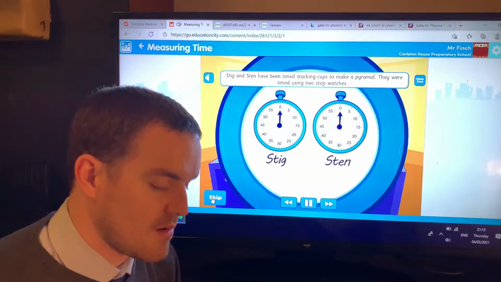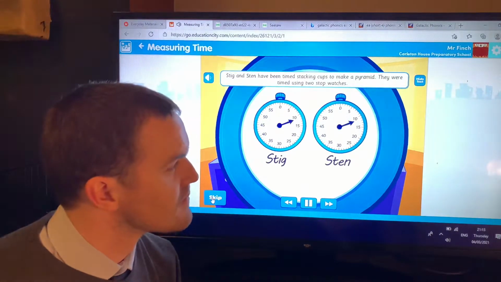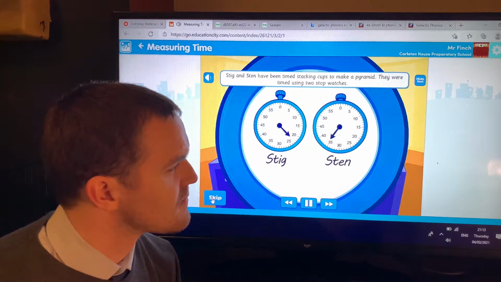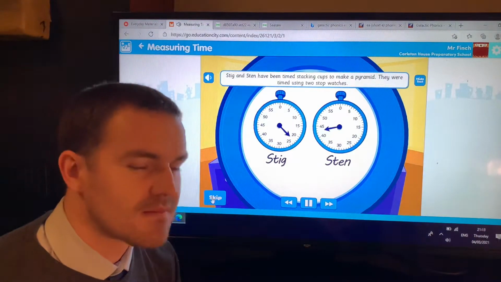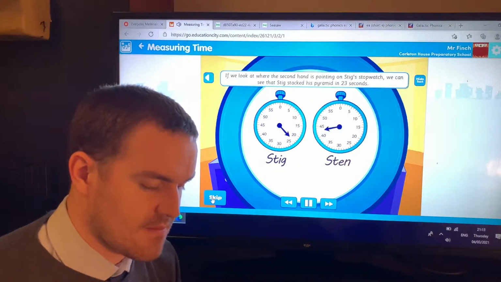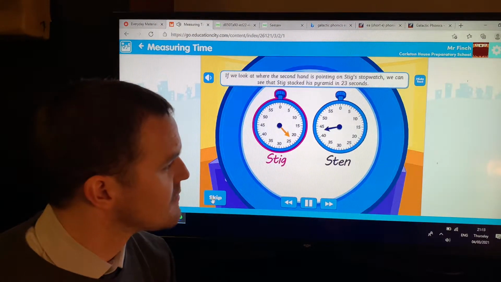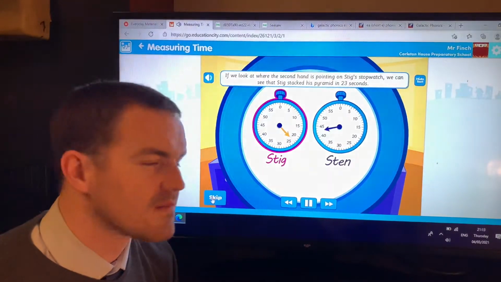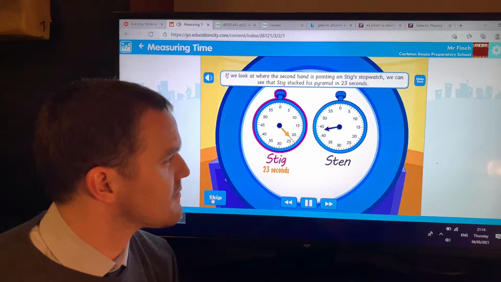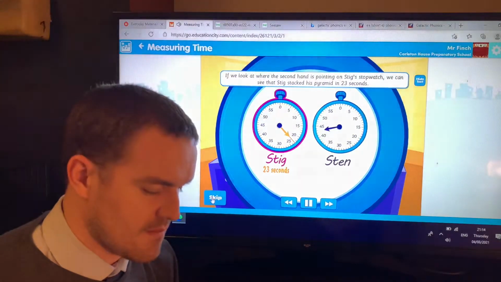Stig and Sten have been timed stacking cups to make a pyramid. They were timed using 2 stopwatches. If we look at where the second hand is pointing on Stig's stopwatch, we can see that Stig stacked his pyramid in 23 seconds. Sten stacked his pyramid in 43 seconds.